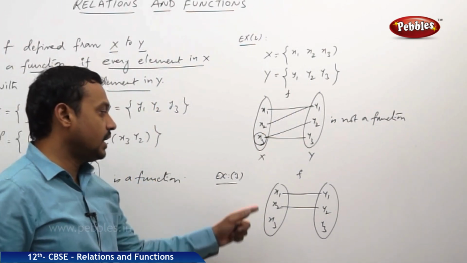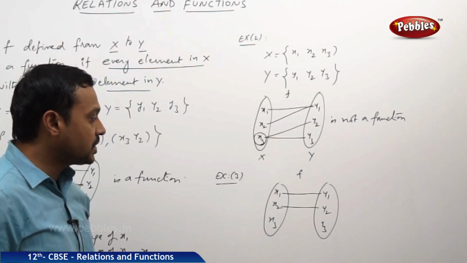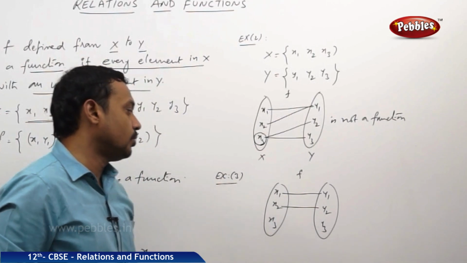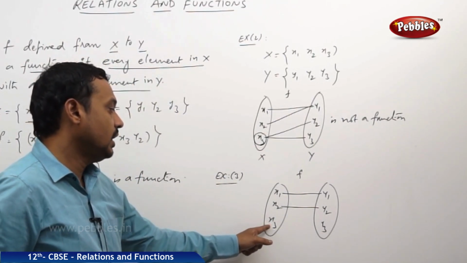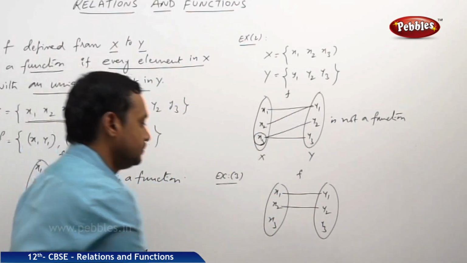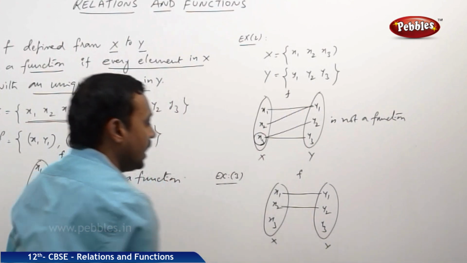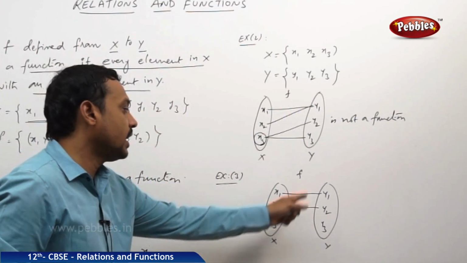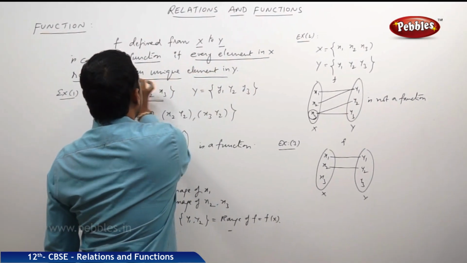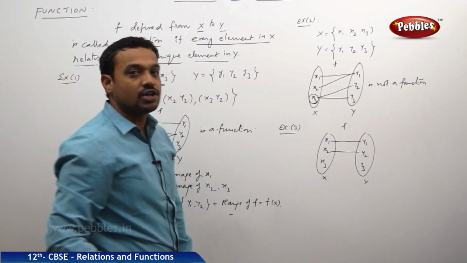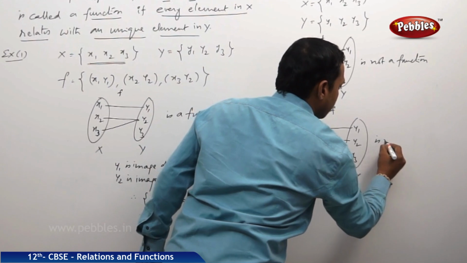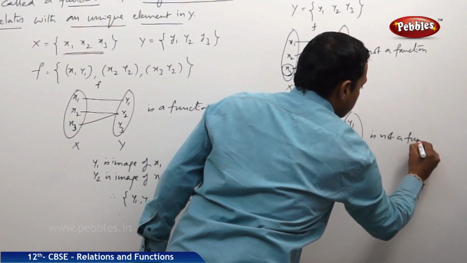Now, is it a function? x1 maps to y1 only, x2 maps to y2 only, but what about x3? It is not related to any element in the set y, so x3 does not have any image. By the definition, every element in x must be related, but here x3 is not associated with any element in y. Therefore, again it is not a function.